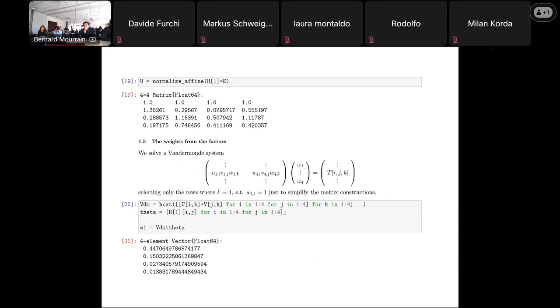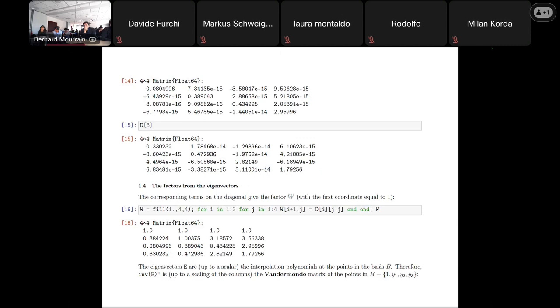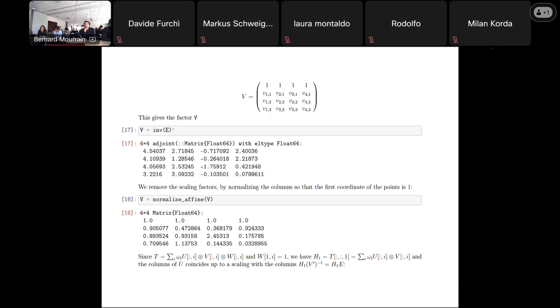Because we have taken x0 and z0 to be 1, we can see that the u is also here. So we have this decomposition as a sum of ui tensor vi for the block H1.